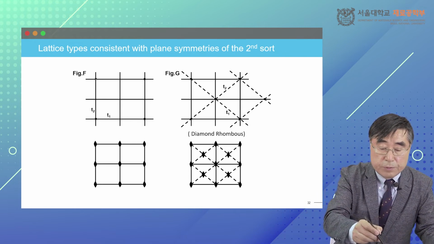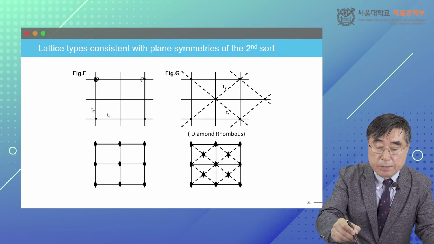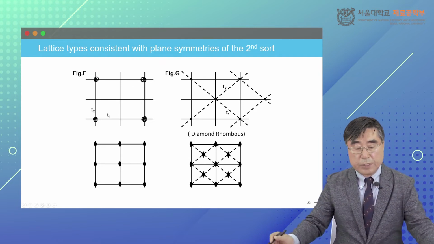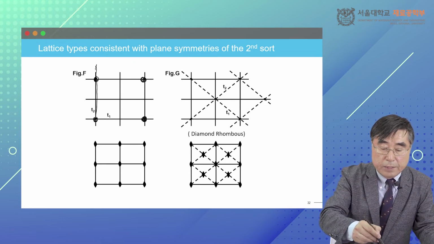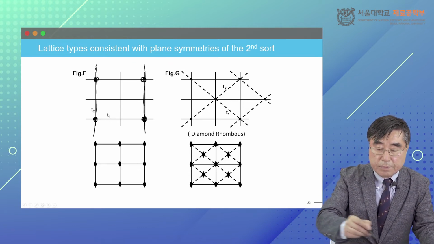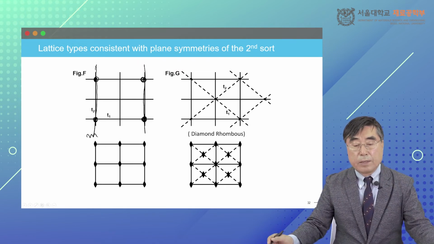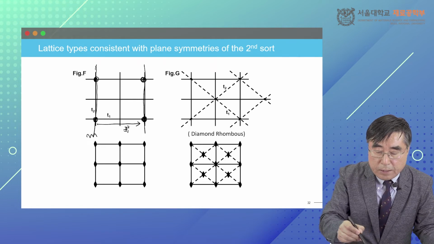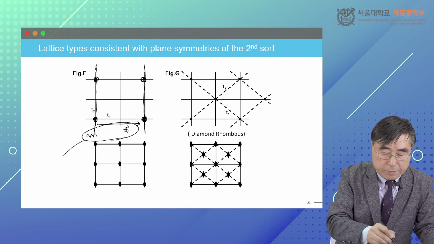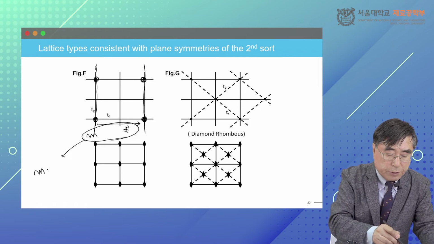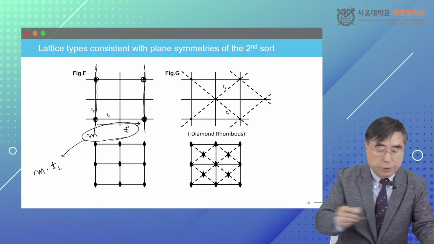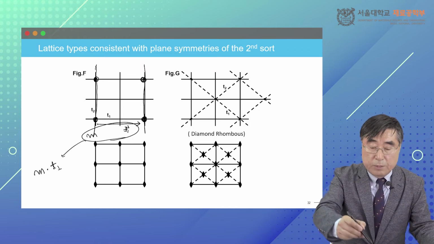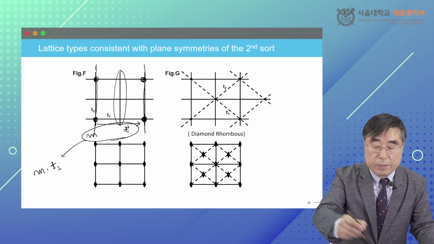One is where we put the mirror plane, let's put the lattice point in here, but the mirror plane is located like this. Right? Then these are the translation vectors perpendicular to the mirror plane. So mirror operation and translation perpendicular to the mirror plane then generates an extra mirror plane in between the mirror planes.